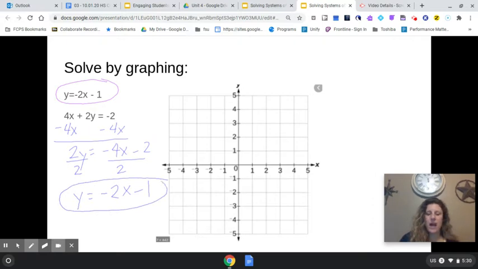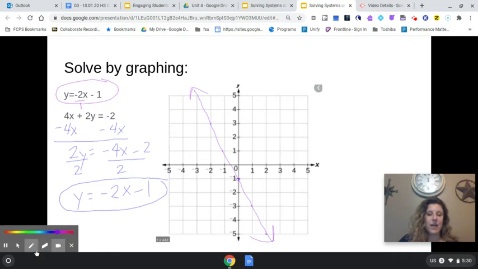All right, graphing the first equation, which is in purple, I have a y-intercept of negative 1, and the slope is negative 2. So I'm going to go down 2 and right 1, and I'm going to put a couple more points on the graph so I make sure my line is straight. And there's my first line.